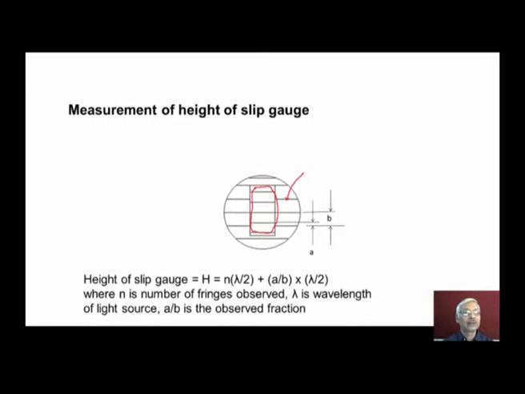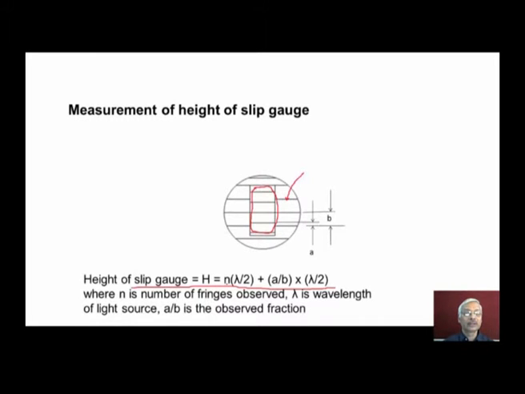Now you can see the height of the slip gauge is obtained by using this relationship: n lambda by 2 plus a by b times lambda by 2, where b is the pitch of the fringe pattern obtained by the base plate, and a is the gap between the fringe on the base plate and the fringe obtained from the gauge surface.